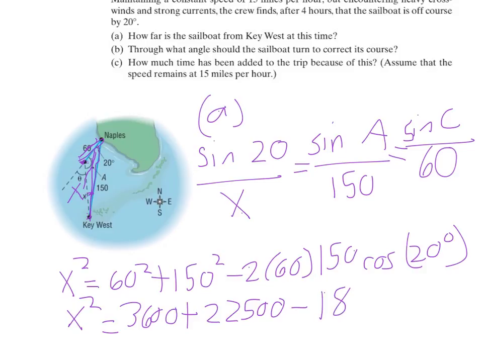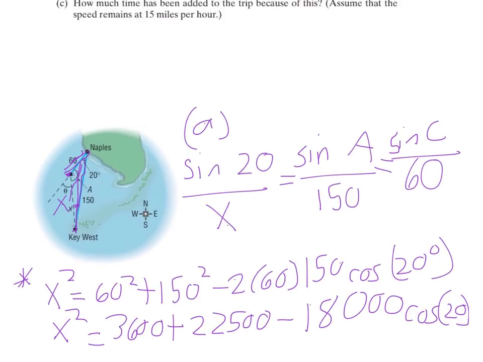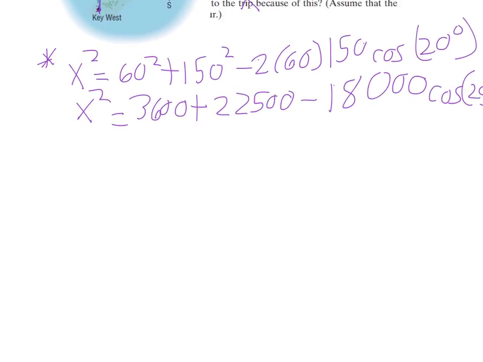I think that would be 18,000 times the cosine of 20. And really, you could have gone at this step and just typed it into the calculator, if you really wanted to save yourself some effort. But anyway, you should get that x squared is about 9,185.53.